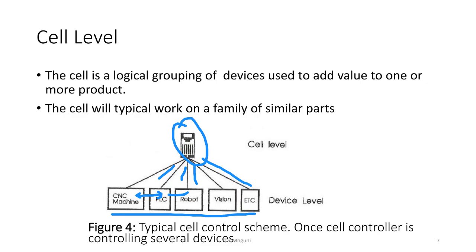Now you ask yourself, okay, here we are going deeper into communication. I said to you that the PLC needs to speak to the cell level, okay? And how is that accomplished? That's very important.